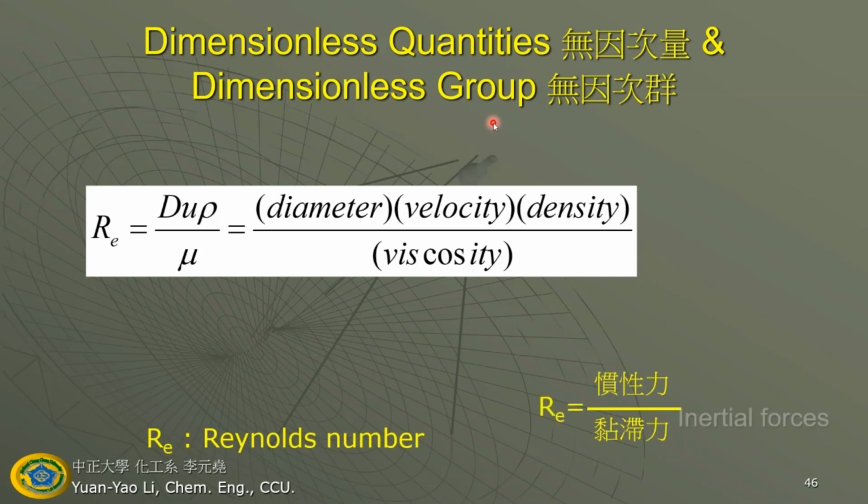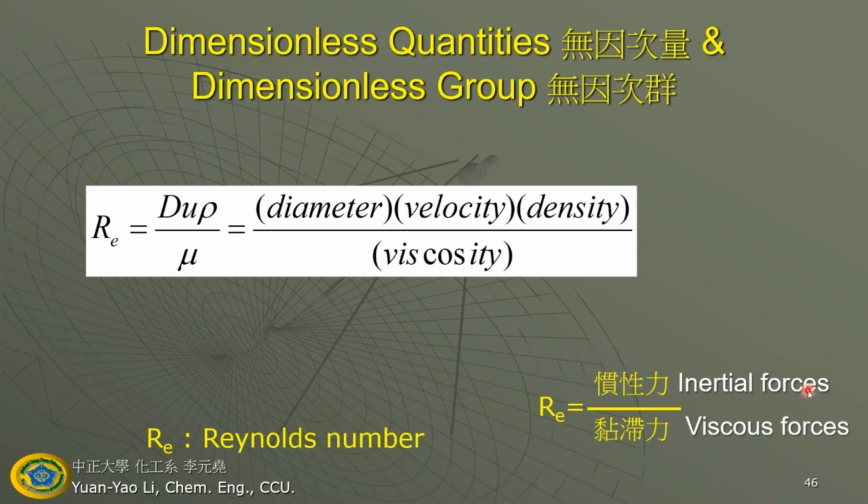Okay, so actually the physical meaning of the Reynolds number is inertial forces against viscous forces. Inertial force means this is an object, and this object wants to move forward. This is called inertial force. And there's a force which wants to pull this object back. So these two forces work against each other: inertial forces against viscous forces.